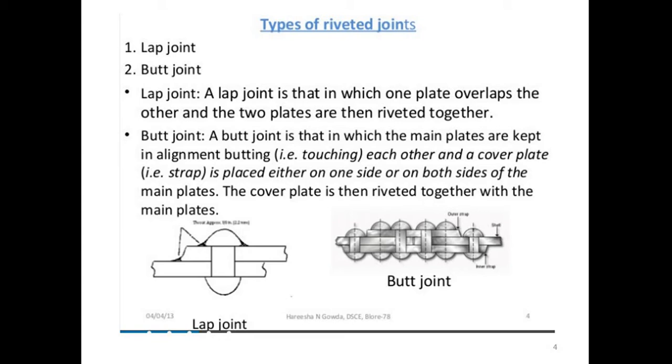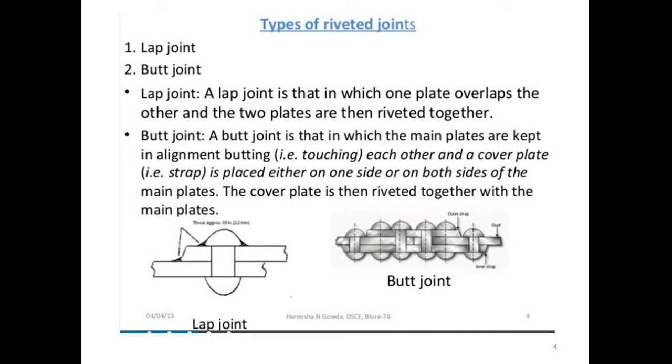Lap joint. A lap joint is that in which one plate overlaps the other and the two plates are then riveted together.